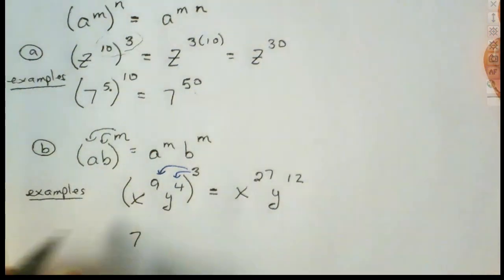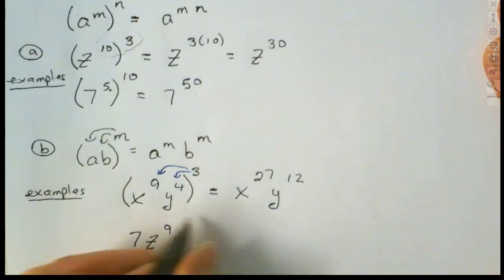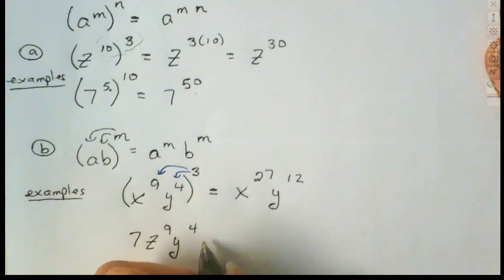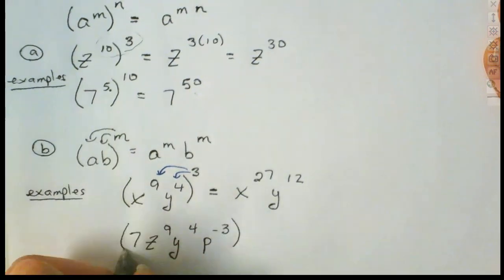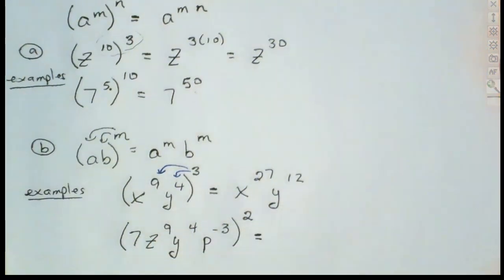How about 7 z to the 9th, y to the 4th, p to the negative 3rd, all raised to the 2nd power. So now we're going to use several of our rules together here.